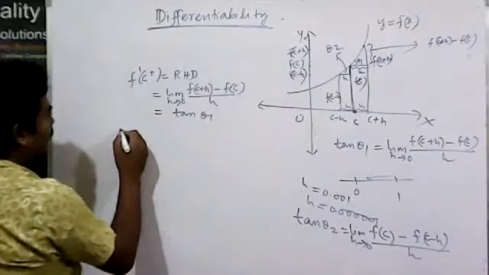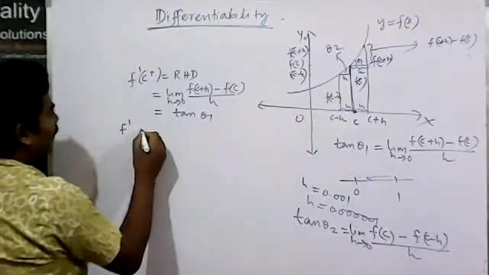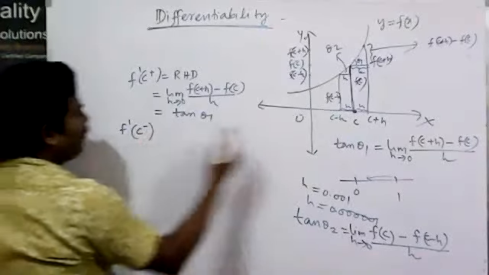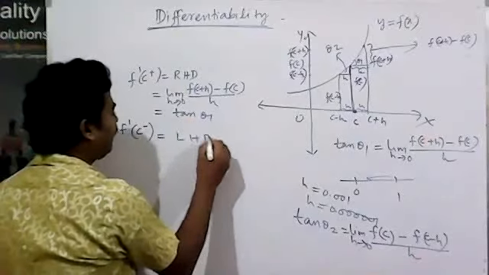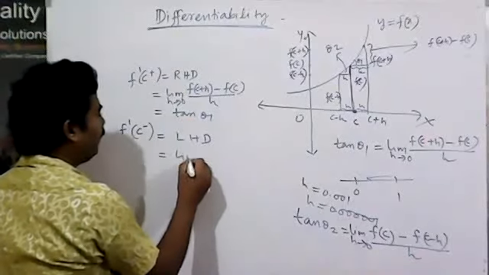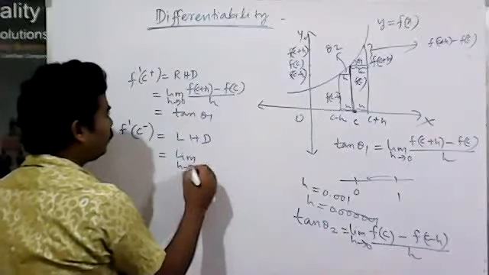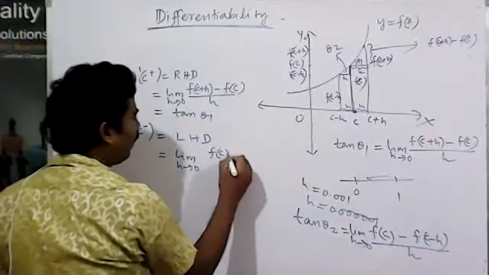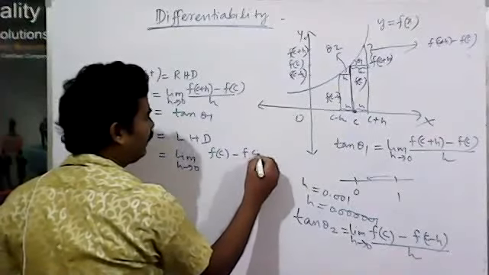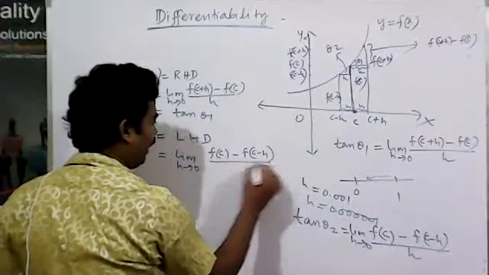So this f dash c minus means the left side derivative. LHD is equal to limit h tends to 0 of f(c) minus f(c minus h) by h.